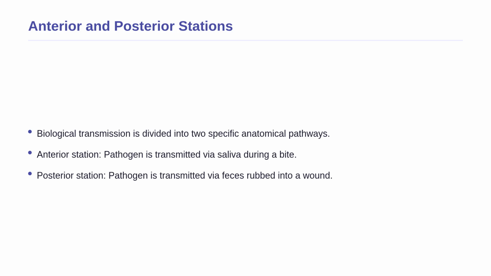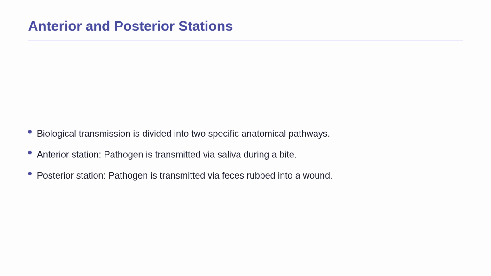Diving deeper into biological transmission, we find that the exit route for the pathogen is just as important as how it develops. Scientists divide biological transmission into two pathways. The first is the anterior station. This is when the pathogen is transmitted through the insect's saliva directly into the host's bloodstream during a bite, which is how mosquitoes transmit malaria.